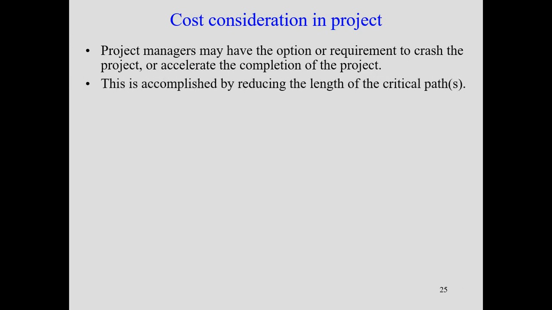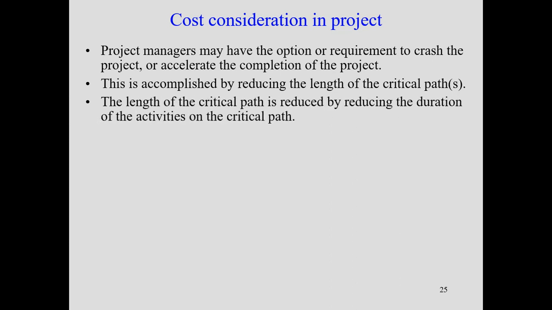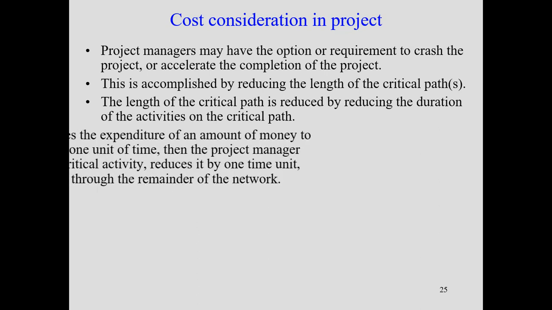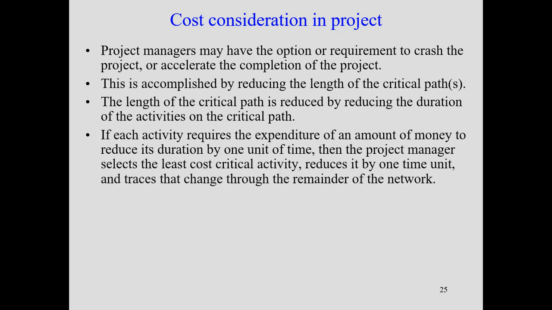This is accomplished by reducing the length of the critical path. So we have to focus on the critical path. If you touch the critical path, the whole project duration can be changed. The length of the critical path is reduced by reducing the duration of activities on the critical path. If each activity requires expenditure of an amount of money to reduce its duration by 1 unit of time, then the project manager selects the least cost critical activity.